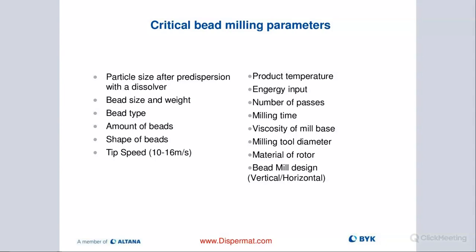Milling tool diameter, again, just like what we had with the dispersion blade. A milling tool diameter also plays an important role, especially when we want to calculate for upscale. We want to also look at that as well. The type of material of our rotor, again, ceramic, if you want to have color stability.